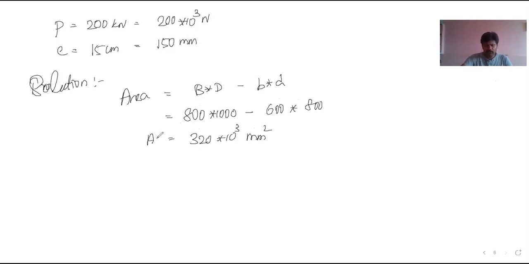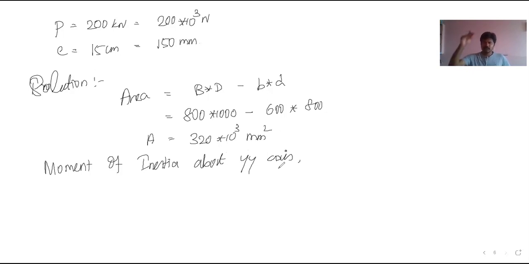So area A is equal to that. Next, moment of inertia about y axis. Since the load is acting with eccentricity with respect to the x-axis, we have to get the y-axis moment of inertia.